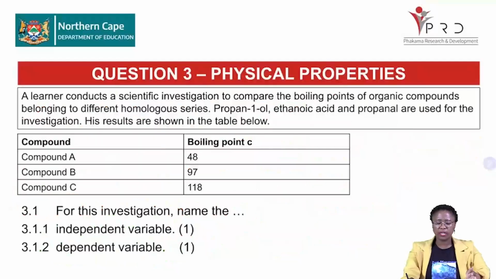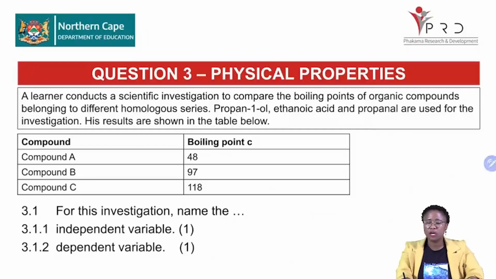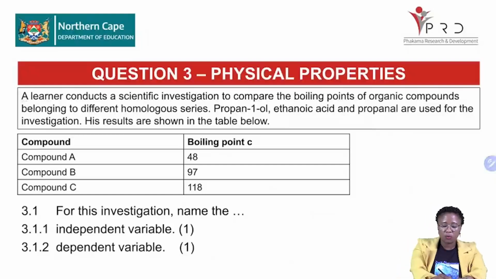We will also look at more examples, which I chose from a previous question paper, to take what we just revised and put it into practice, so that you can see what we meant by the examiner can give you different types of questions. Here, a learner conducts a scientific investigation to compare the boiling point of organic compounds belonging to different homologous series.